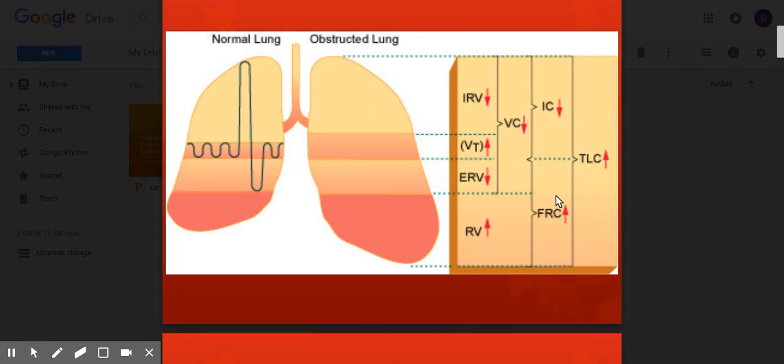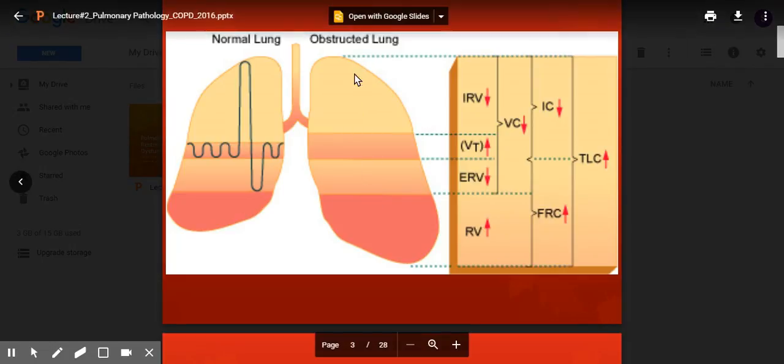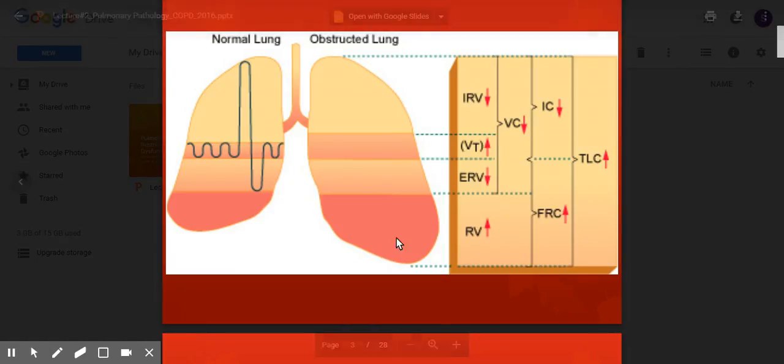However, because the air that they can actually exchange is much smaller, they have a loss of vital capacity, which is the amount of air that they can actually use. And so again, I like this illustration because it gives you that visual representation of that hyperinflated lung and that large residual volume, resulting in an increased total lung capacity, but ultimately in a decreased vital capacity.